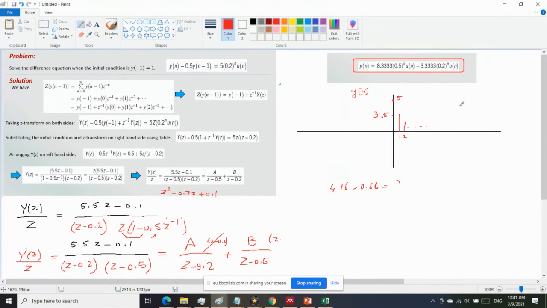So we can plot it now. We have the function, we have the sequence, and everything is beautiful.